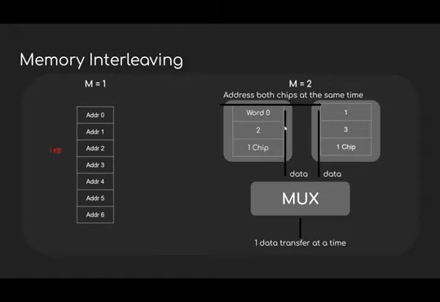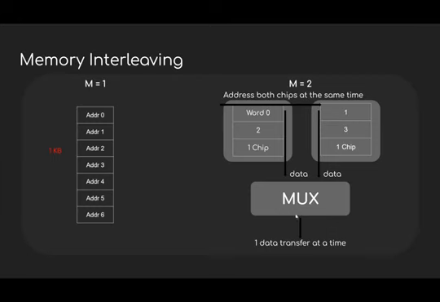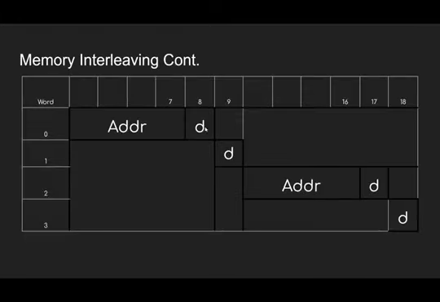But in this case, we have our data moving downward into a mux, where that only allows one data to be transferred at a time. This is shown in, again, a simple chart where you have your address and then you have your data immediately following, but instead of bandwidth being all at once, it is staggered because of that mux at the bottom, we are only getting one data transfer at a time.